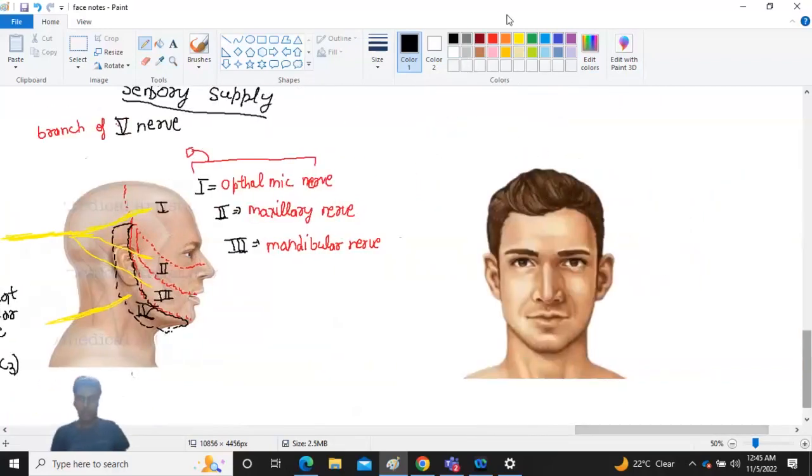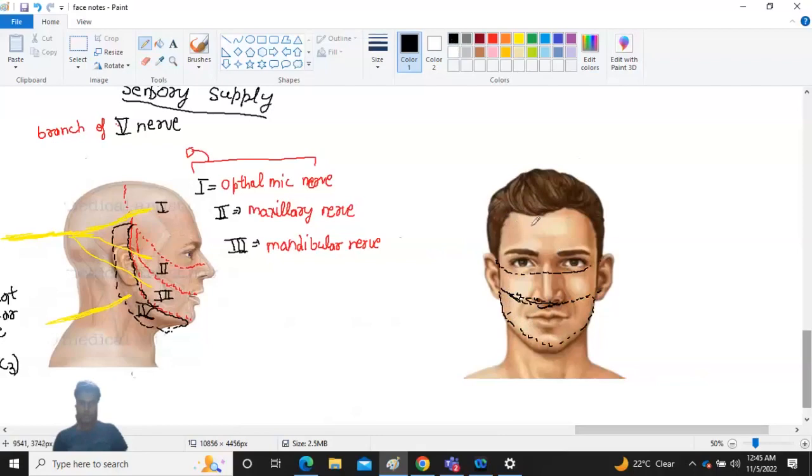In the anterior region, we can write again. This is the region supplied by the ophthalmic nerve. This is the region supplied by the maxillary nerve. This is the whole region supplied by the maxillary, and this is the whole region supplied by the mandibular nerve.